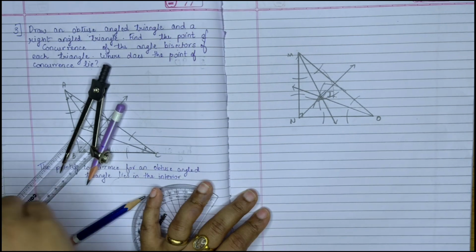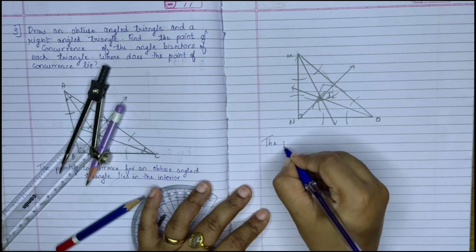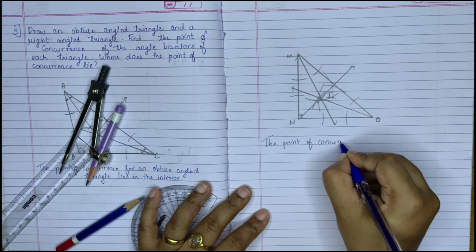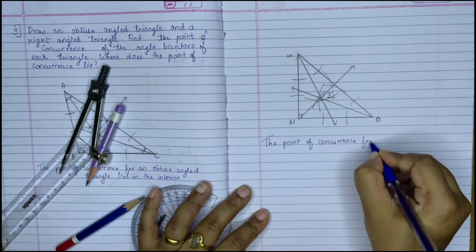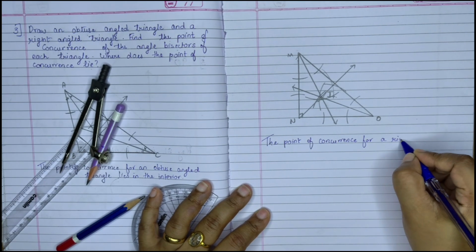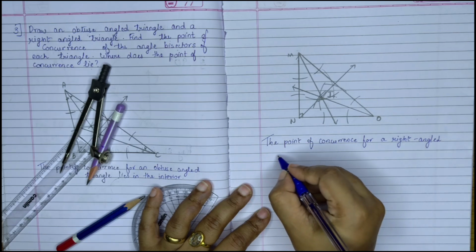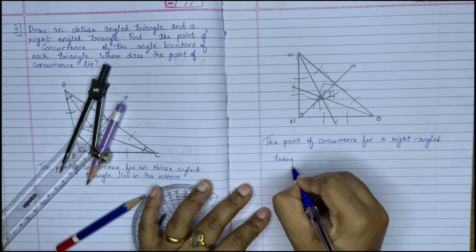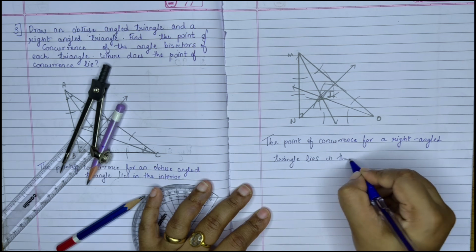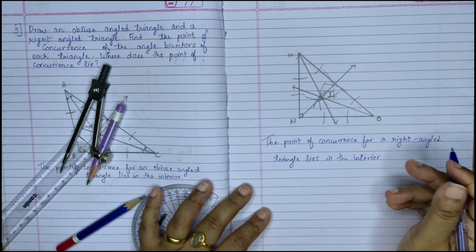So therefore, again we will say the point of concurrence for a right angle triangle lies in the interior. Understood?